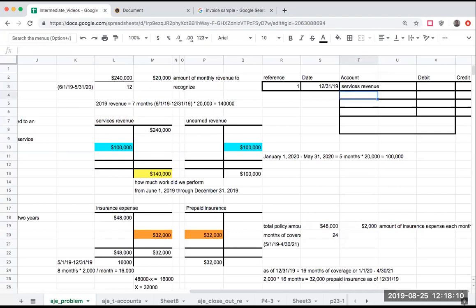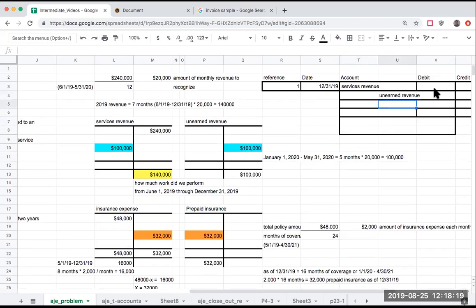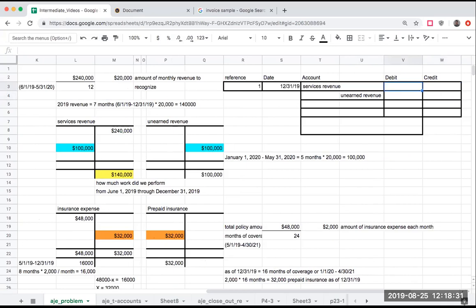I'm going to go ahead in here. I'm going to be showing what was my transaction. So I debited services revenue and I credited unearned revenue. Notice here, and this is something that students miss constantly, so I'm always pointing this out, you have to indent the account description. Very, very important, because when you're showing your debit, it's over here on the left, and the credits are going to be on the right-hand side.